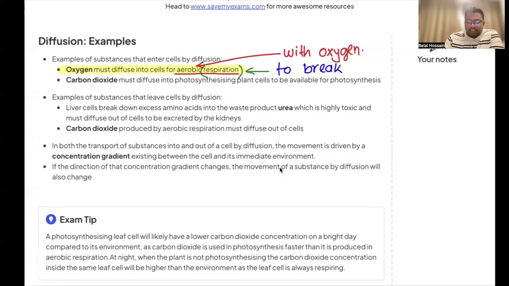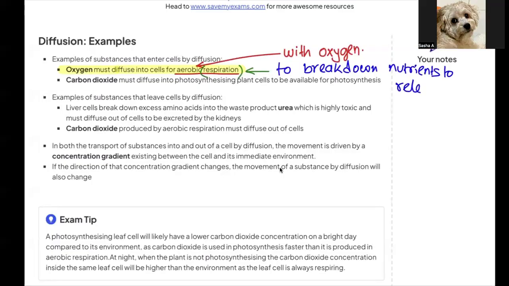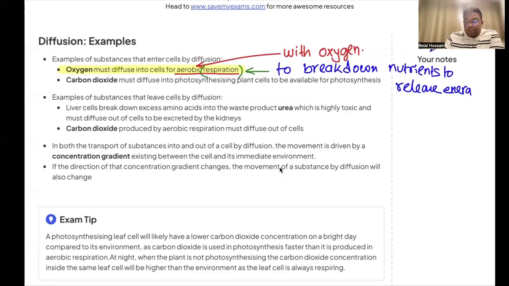This is just the word meaning: break down nutrients to release energy. So basically aerobic respiration is breaking down nutrients to release energy in the presence of oxygen, right? Yes, by using oxygen.